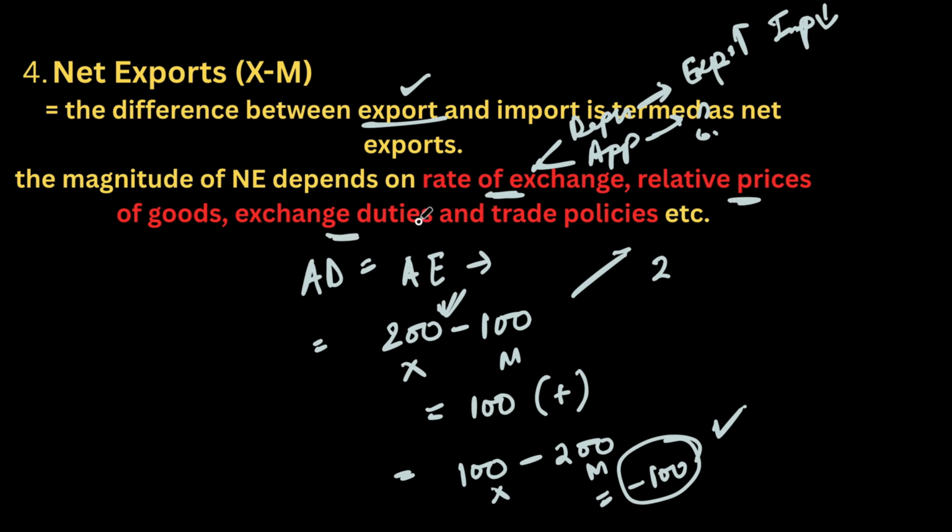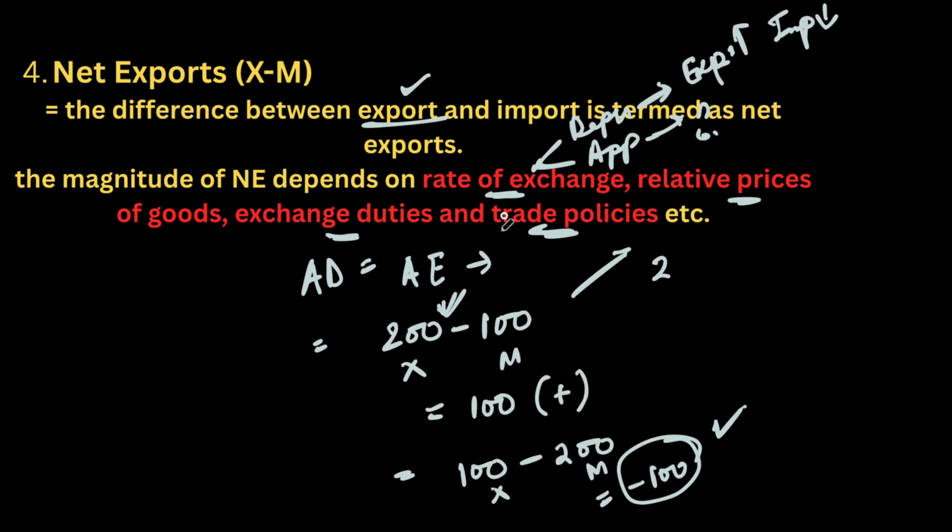Then tariffs and import duties imposed by the governments of both countries, and the trade policies between the two nations. That is what your net exports will be dependent on.